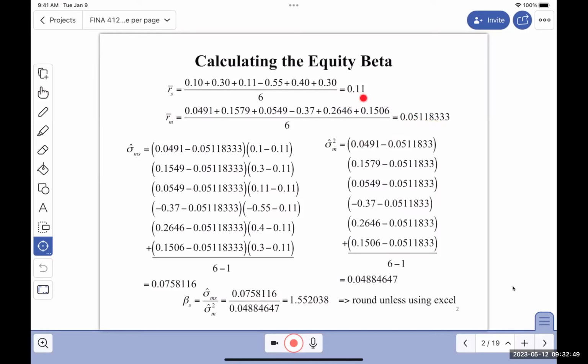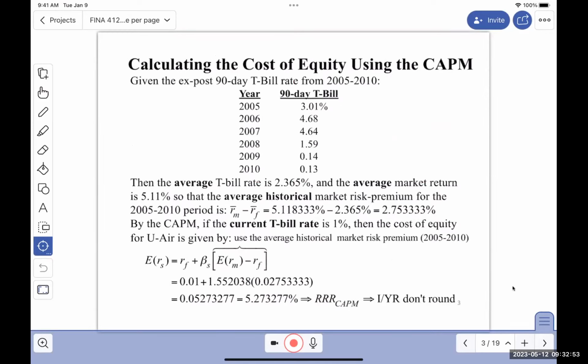Returns to UAIR is 11%. For the CAPM, we need the risk-free rate, which we were told is 1%. The current T-bill rate is 1%. We have the beta, 1.552. And then all we need are these two things here.